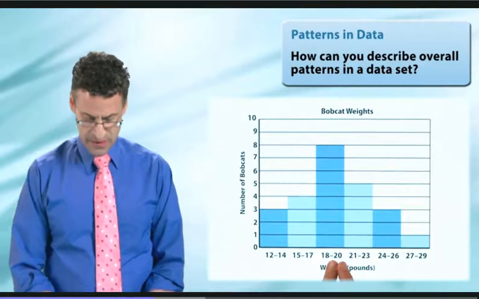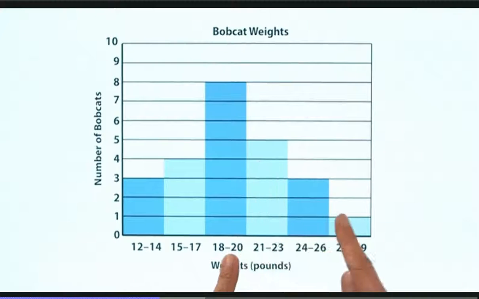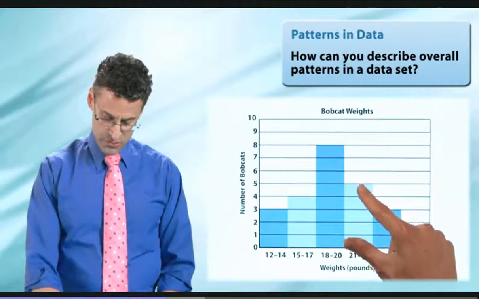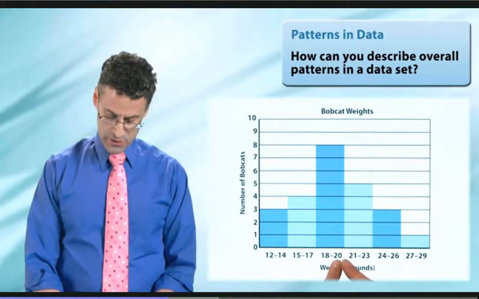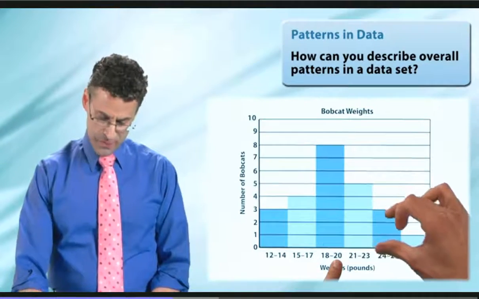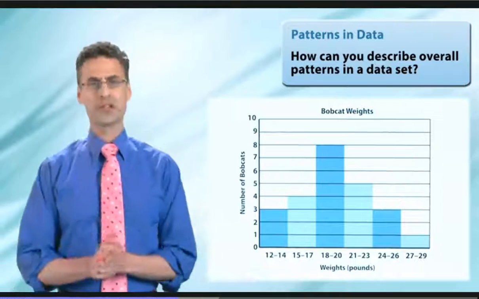But after 20 pounds, we see a drop in population as the weights get larger and larger. As the weights go from 20 pounds and continue to go up, the number of bobcats of those weights begins to shrink. So we see a lot just from the picture.